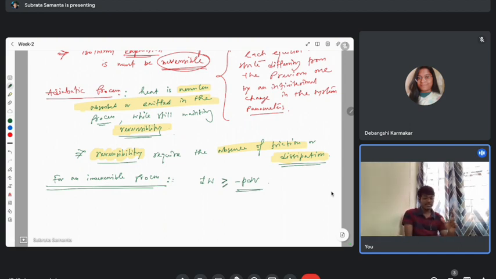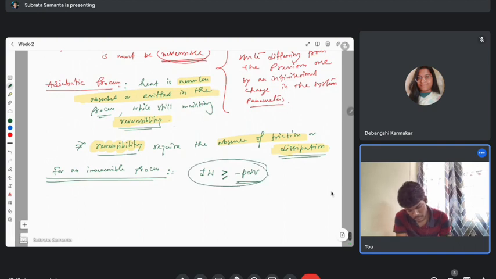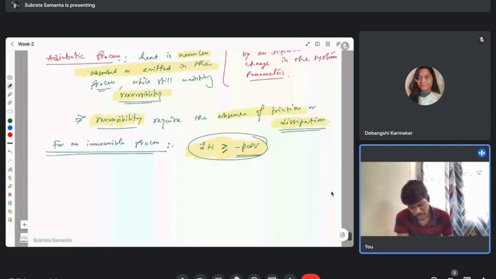So it's not just the equal sign, but greater than or equal to minus P dV. So more work is done in this process. We will come into this point later. We will summarize other things.